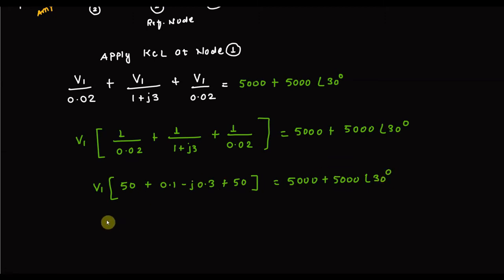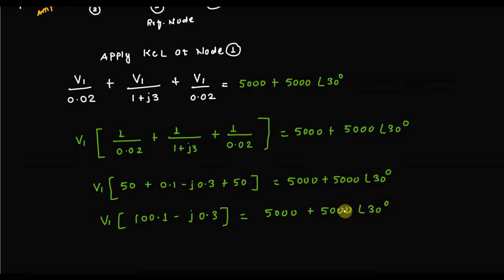If you add 50 plus 50, 100, plus 0.1, this has come out to be 100.1 minus j 0.3 equal to 5000 plus 5000 at an angle 30 degrees.